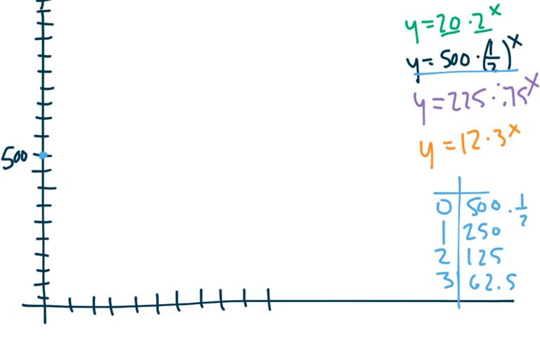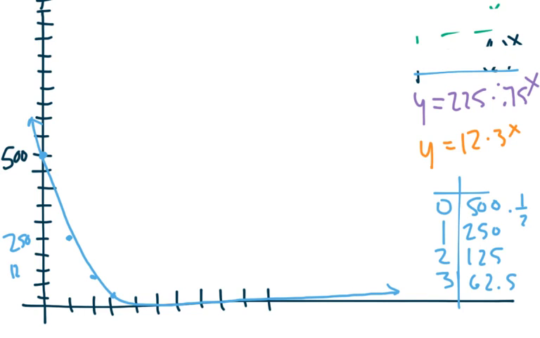So at 0 we start at 500, and we're counting by 50s here. At 1 we go to 250, then 125 would be in the middle here, like right here, and then 62 would be closer, so it would be coming down, and it would never go across the x-axis. It'd go like that. So that is the second one.